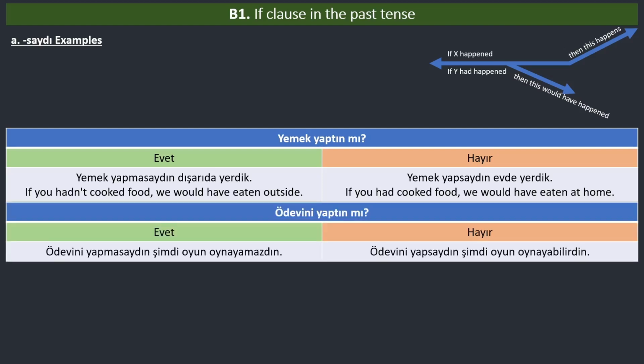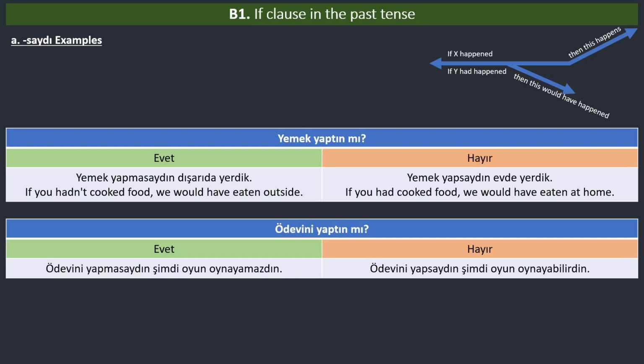I mean, in English, there's a difference. There are like types of conditional sentences. I think that one is type 3, if I'm not mistaken. So, same example again. Did you do your homework? Evet or not. Ödevini yapmasaydın şimdi oyun oynayamazdın.